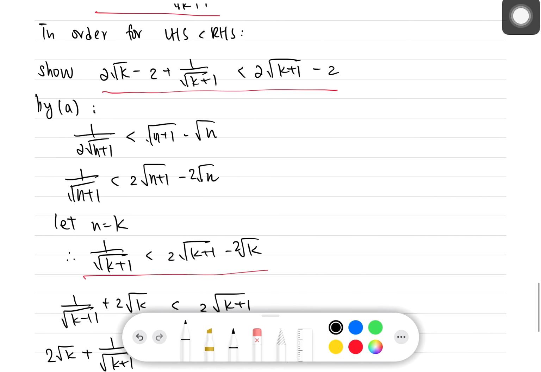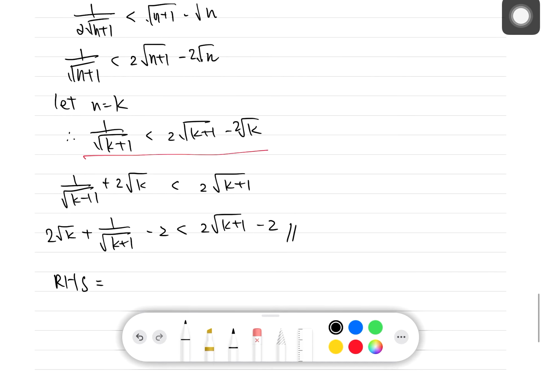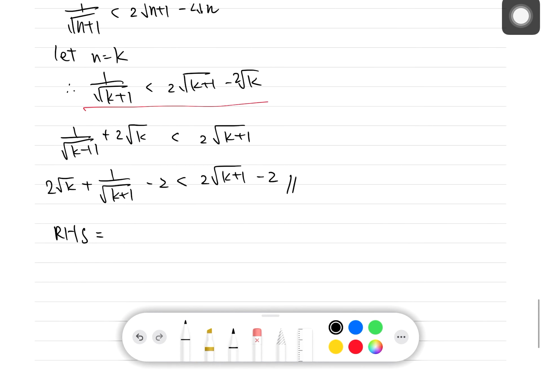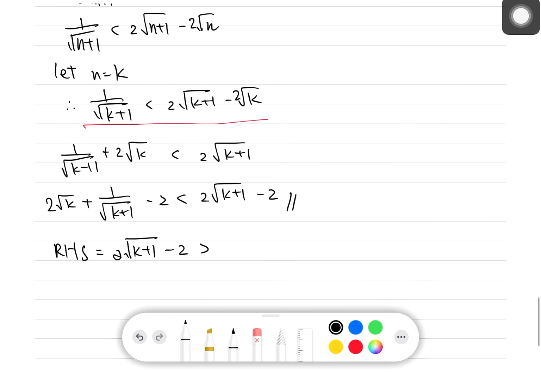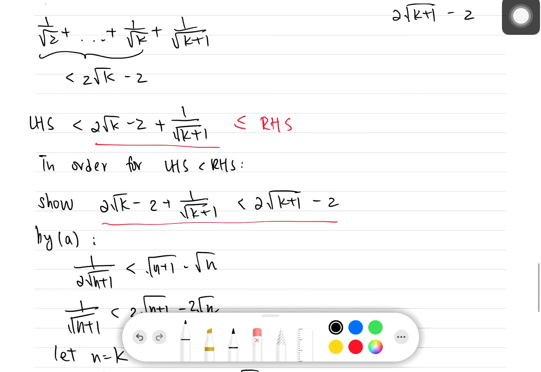So as a result, we show that the right-hand side, which is 2 root k plus 1 minus 2, is greater than 2 root k plus 1 over root k plus 1 minus 2, which in turn is greater than the left-hand side, which is a really, really long term.